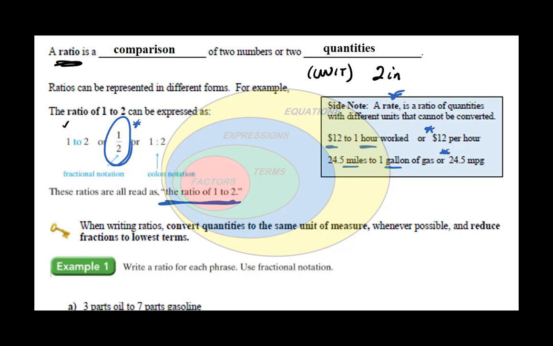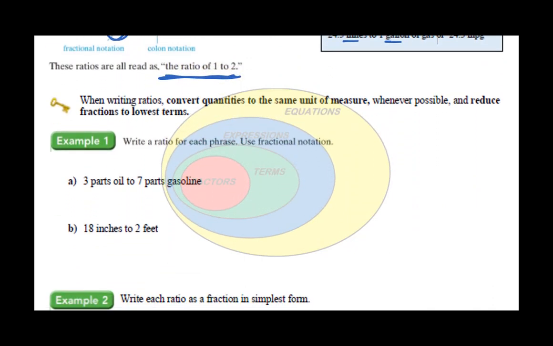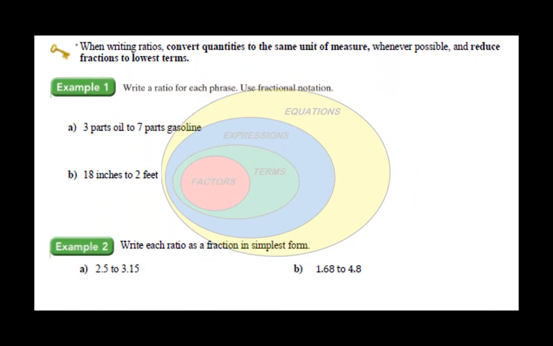So the next piece is going to be writing ratios. When we do write ratios, we want to make sure that we convert quantities to the same unit of measure, and then whenever possible, reduce the fraction to lowest terms. We want to use the same unit of measure so we don't misinterpret the comparison of the numbers.